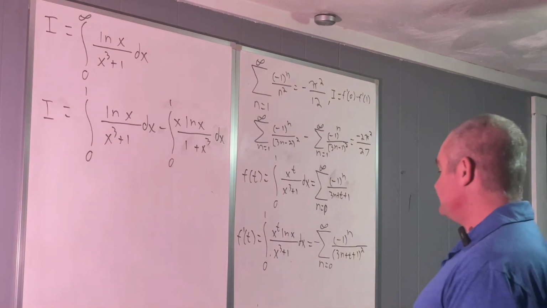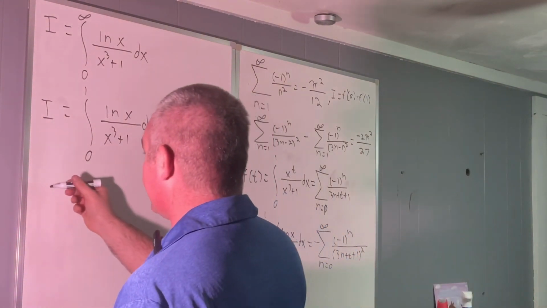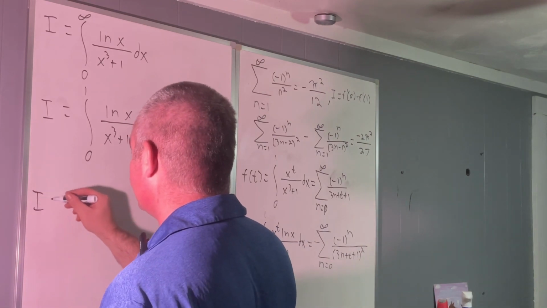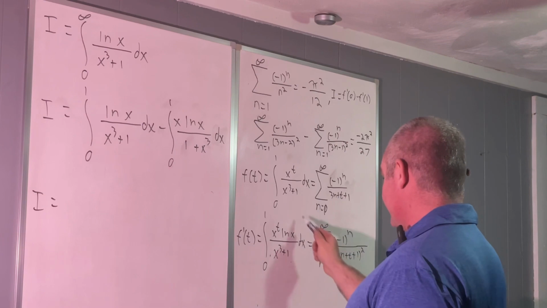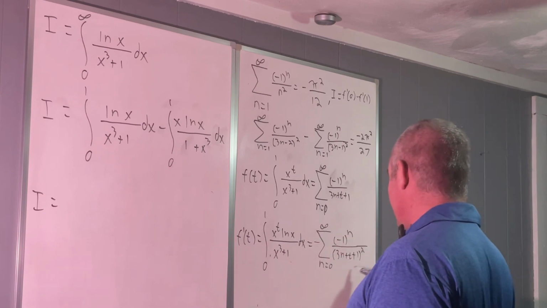Okay. So let's do it. That means I is equal to f prime evaluated at 0. This is our f prime right here.